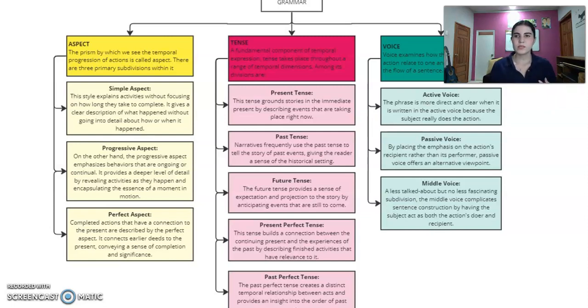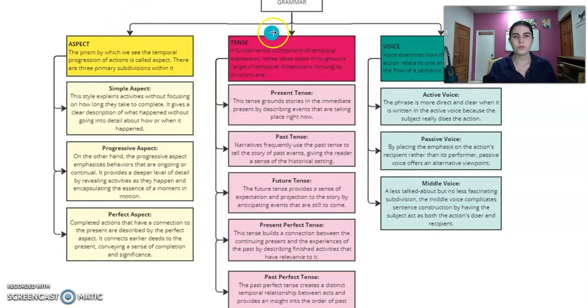In the end, that connects to the present and combines a sense of completion and significance.